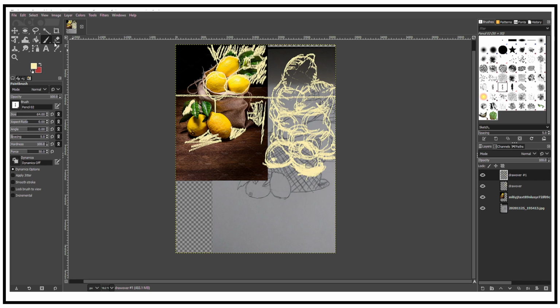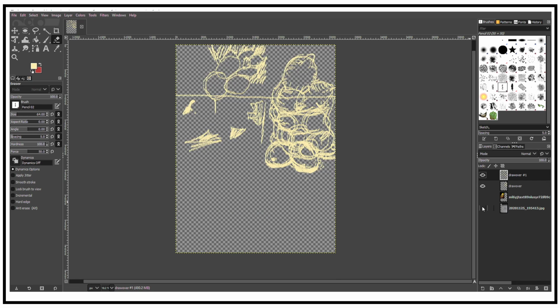And I don't like to erase much. I don't like to erase a lot because sometimes it's just the drawing in itself. What it does is it shows your thought process, right?